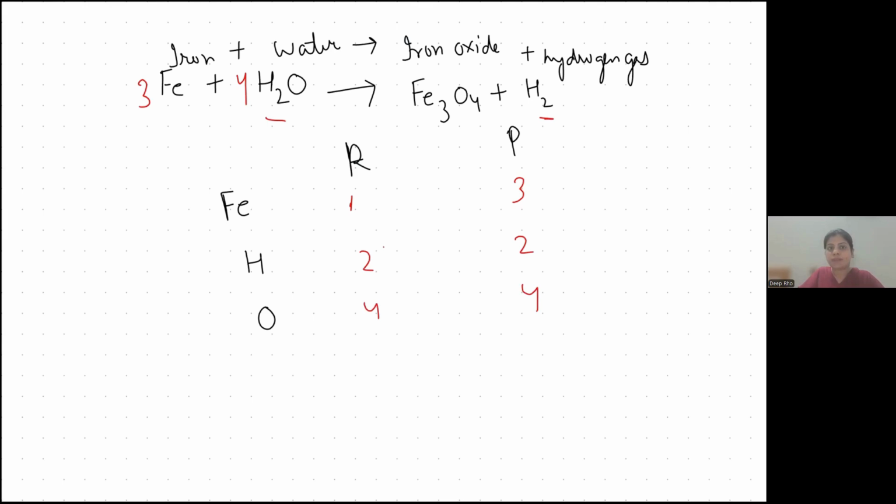So how will we balance hydrogen? We have to put 4 here to balance it. Is this balanced? Yes, it is balanced.